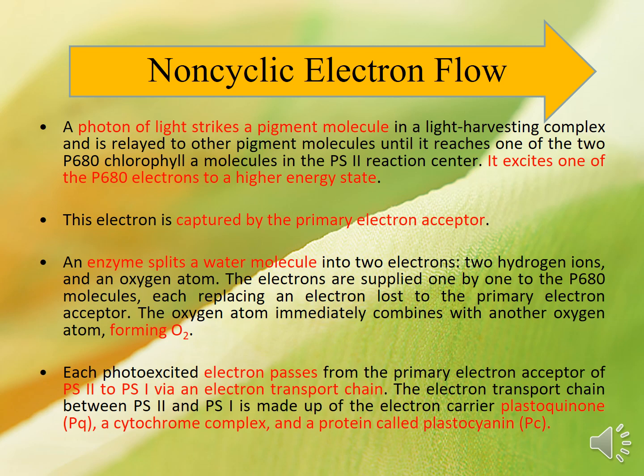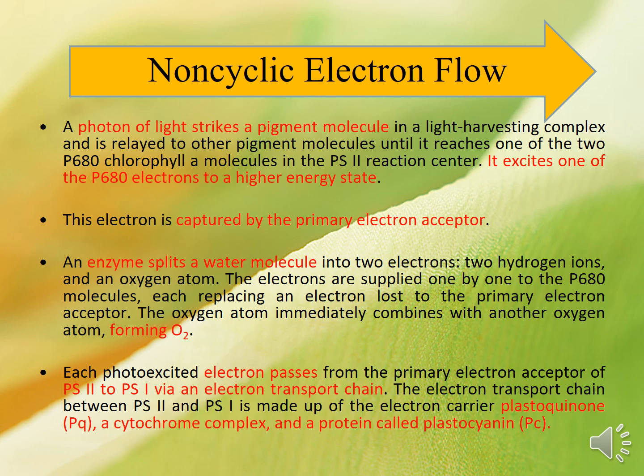NADPH. Okay, so now here, a photon of light strikes a pigment molecule in a light harvesting complex, which is what happened in PS2 just now, where the accessory pigment absorbs the photon from the light, and it will be channeled until it reaches one of two P680 chlorophyll A. And the chlorophyll A electron will be excited to the reaction center.